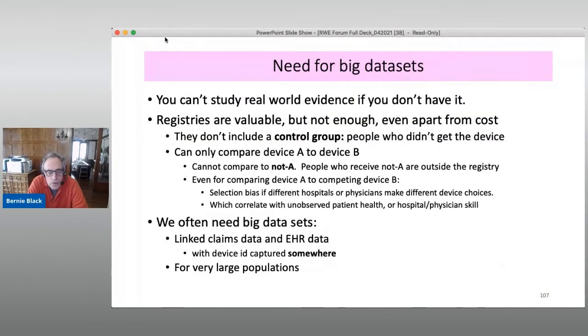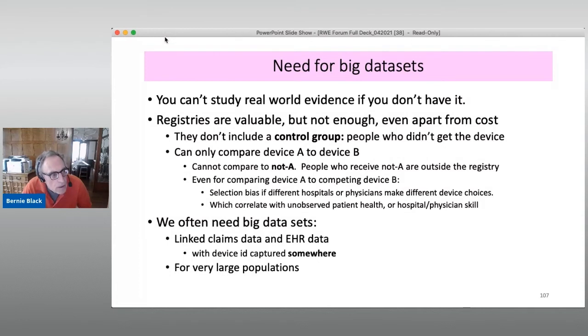Let me start with what you want in real-world evidence studies very often: big data, not the 100-people trials that you saw in the artificial pancreas study. And so the first thing I want to emphasize is that we need big data sets, and very often we don't have the ones we need, right?